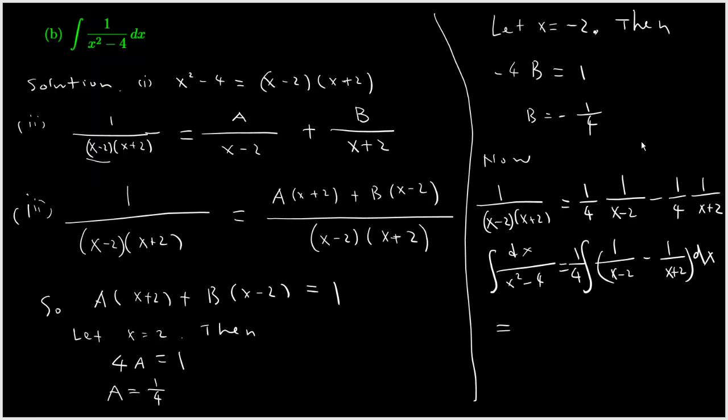We're ready to have the final answer. The final answer is going to be 1/4 times natural log of absolute value of x minus 2, using the integral I told you at the beginning, minus natural log of absolute value of x plus 2, and then plus c.